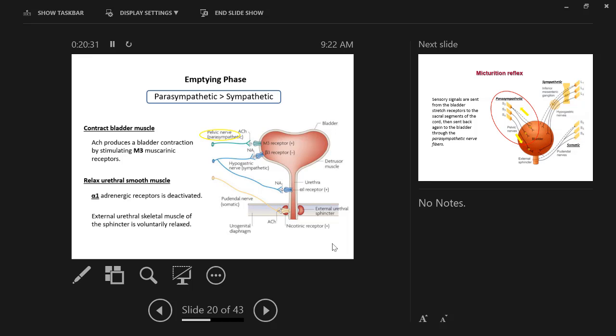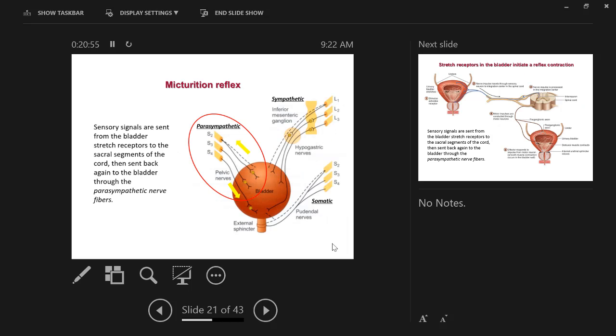Here, once again, this is a skeletal muscle, so it's up to you if you want to squeeze this muscle or not. Until you get to the bathroom, you can control this. So that's the micturition mechanism, but often the exam doesn't ask this, but more asks about the micturition reflex.